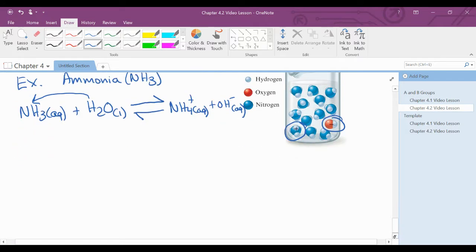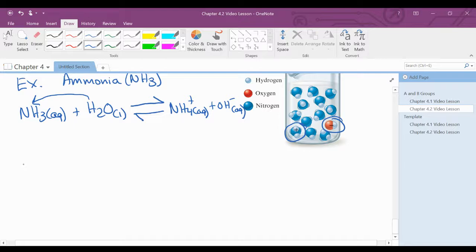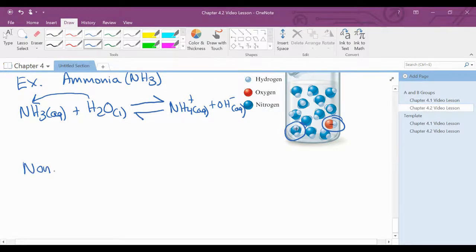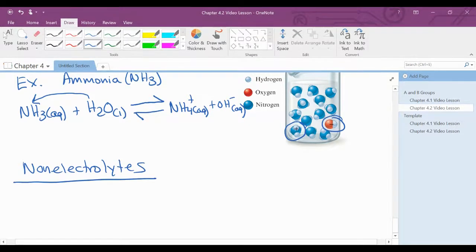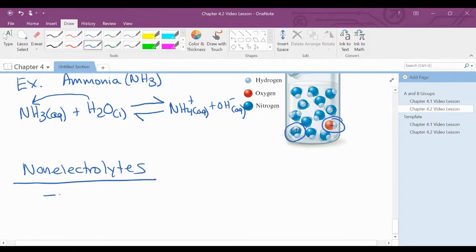And the last thing we have to look at are non-electrolytes. This is the last beaker in our figure at the top. They dissolve in water, but they don't produce any ions.